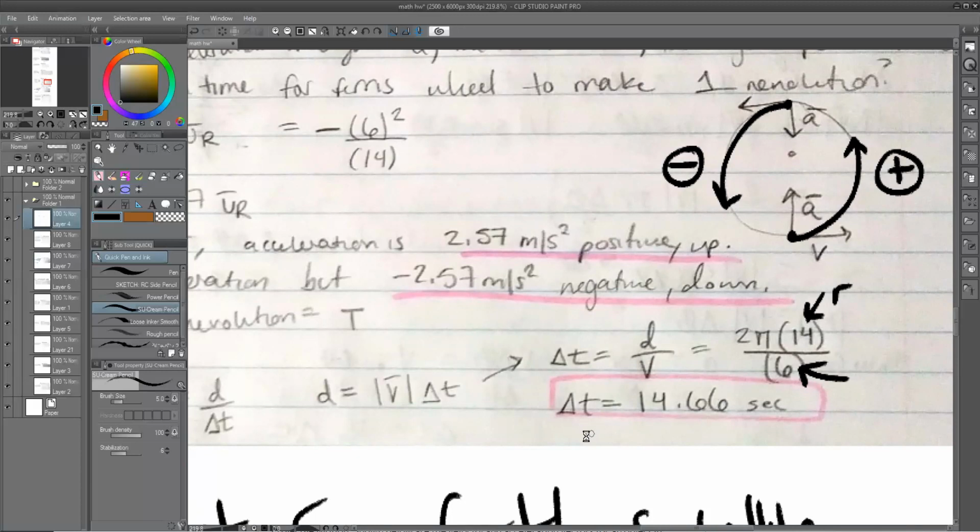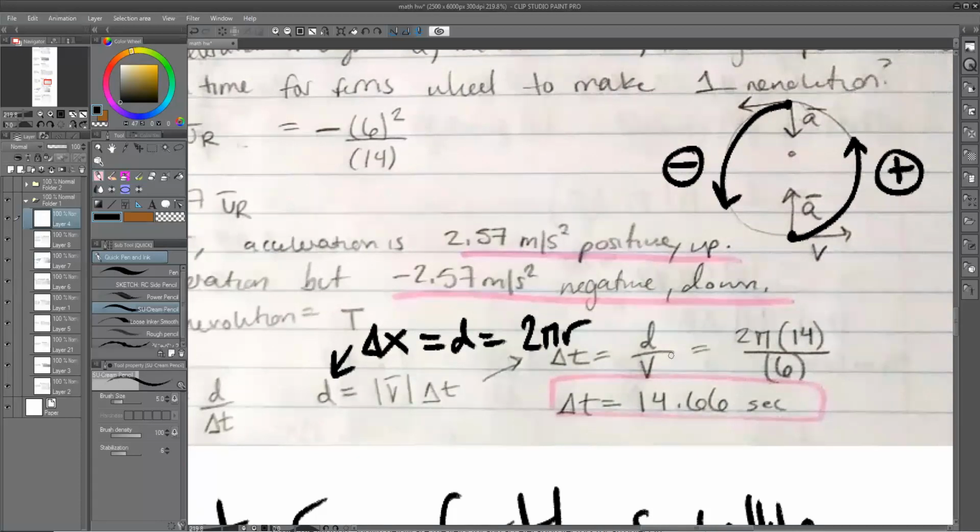So this is just a matter of knowing which way to mess with your equation so that you can plug in the variables that you know. So originally, I don't actually know delta x, right? This is not something I know, but I know that delta x in this situation is equal to d, which is equal to 2 pi r. It's not too freaky. Okay.